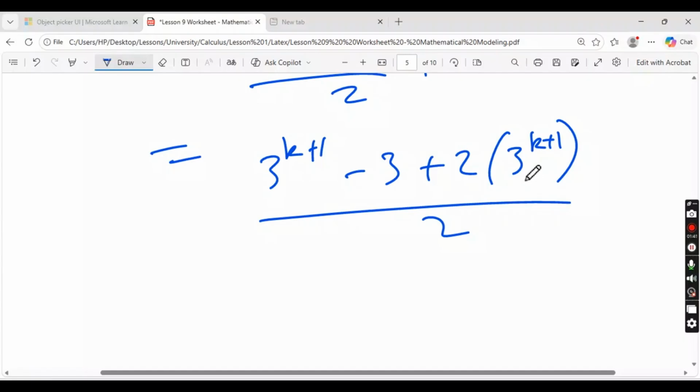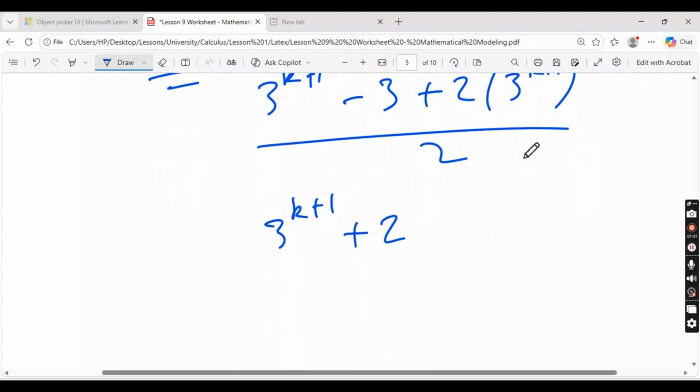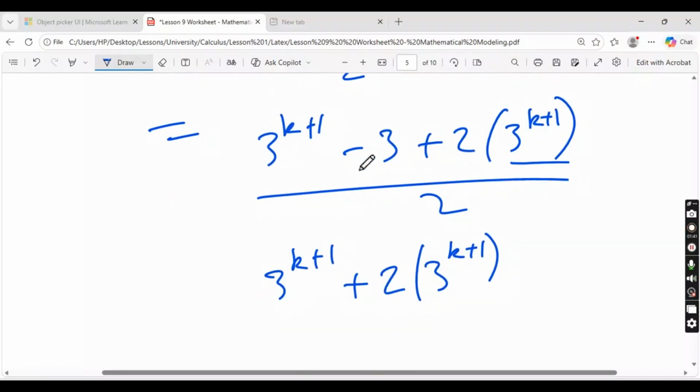Okay, so in this scenario, you group like terms. Can you see the terms that are 3k plus 1 times 3k plus 2, plus 2? Yes, because we are saying this and this are like terms.